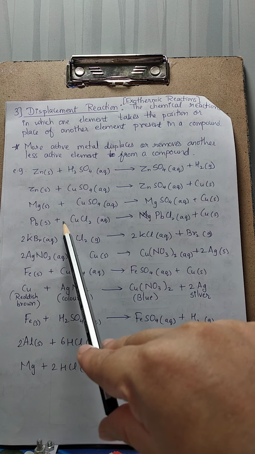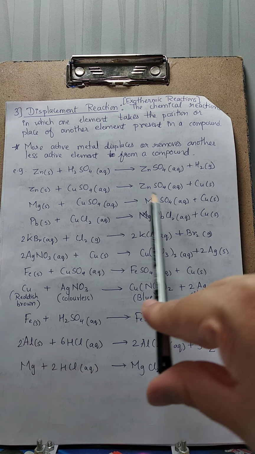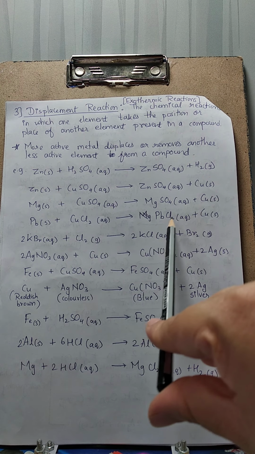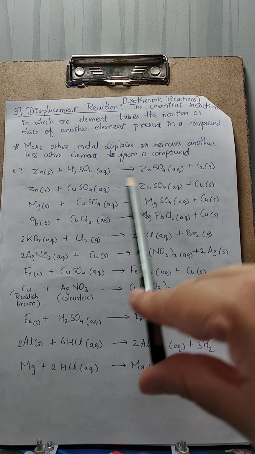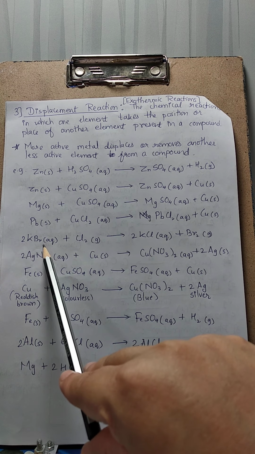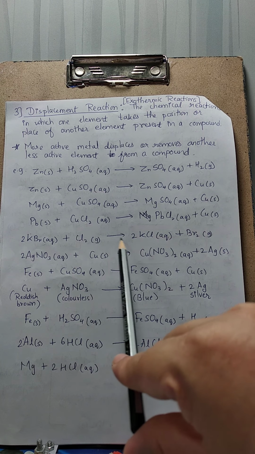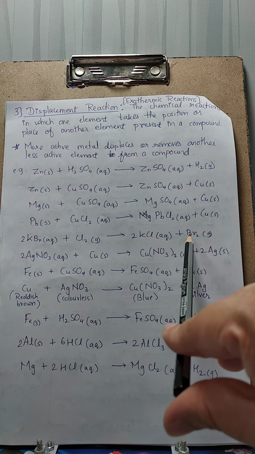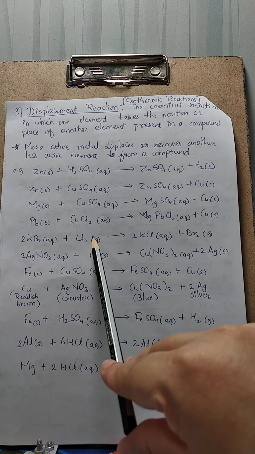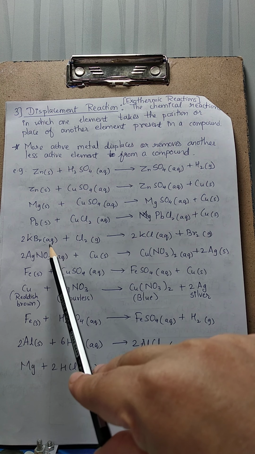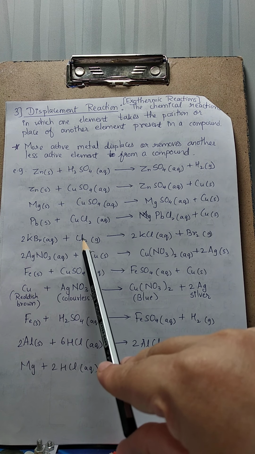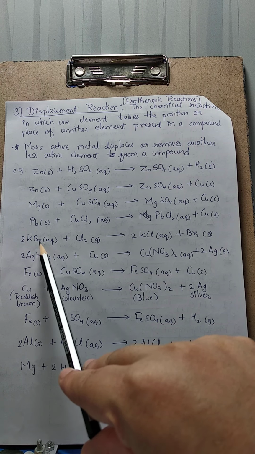Then lead plus copper chloride gives lead chloride plus copper. Then potassium bromide, KBr, plus Cl2 gives KCl plus Br2. Now this chlorine and bromine both are non-metals, but chlorine is more reactive than bromine.